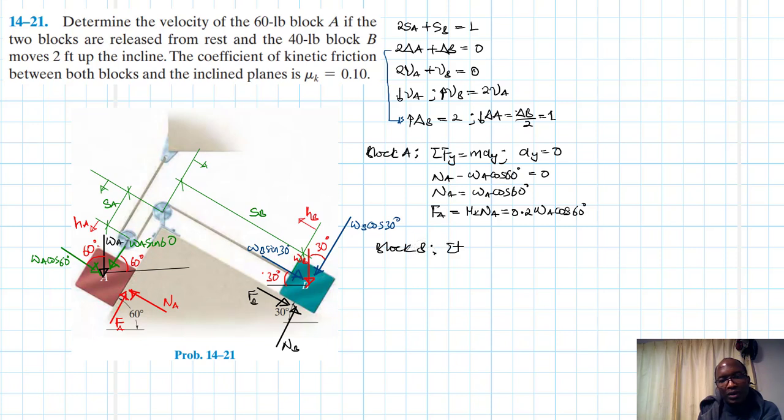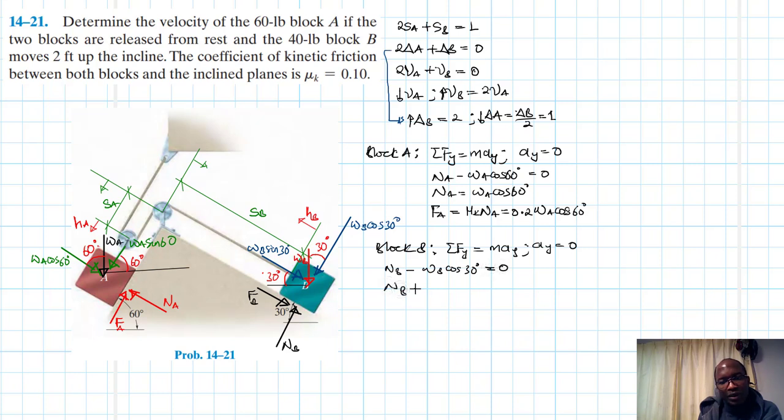Then for block B, we have summation of forces in the Y equal to m aY, but we also know our aY here is equal to 0. So what do we have? NB minus WB cos 30 equal to 0.